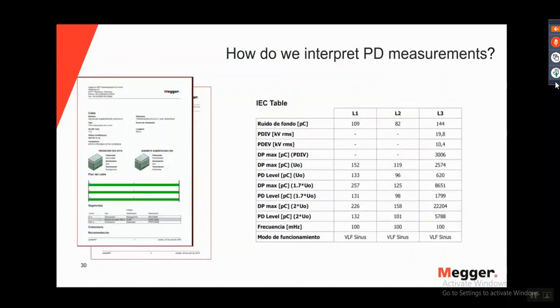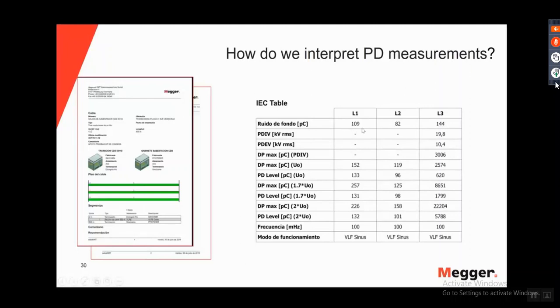Once we're done with the partial discharge measurement, we will have a complete report, and we can analyze the report in order to make a decision. For instance, in this table, sorry, this is in Spanish, my apologies, but what we have in the first row is the background noise level.